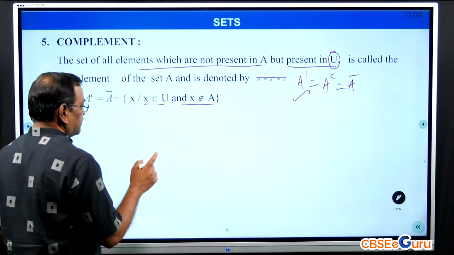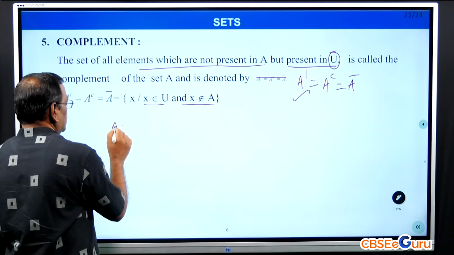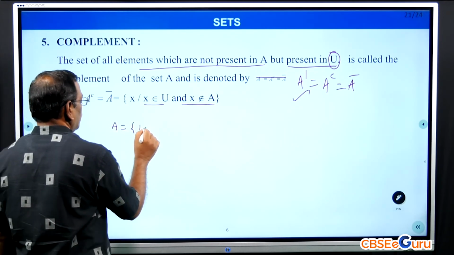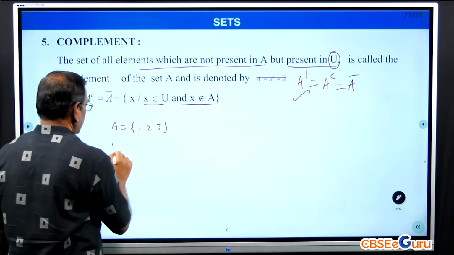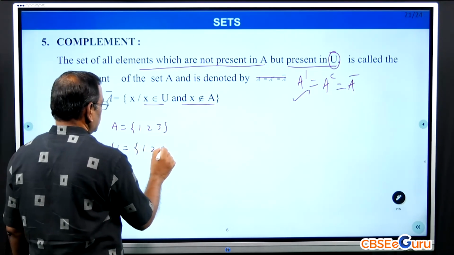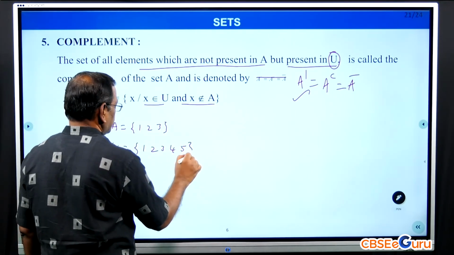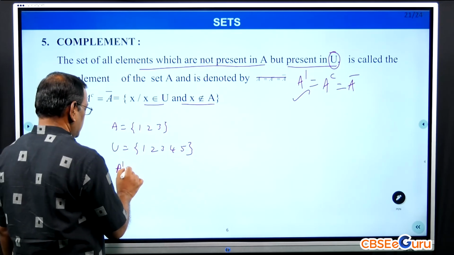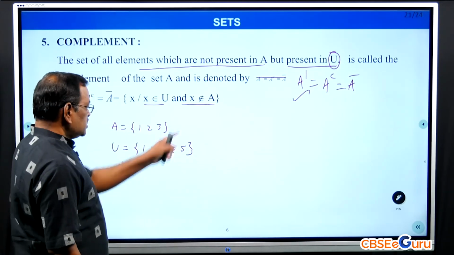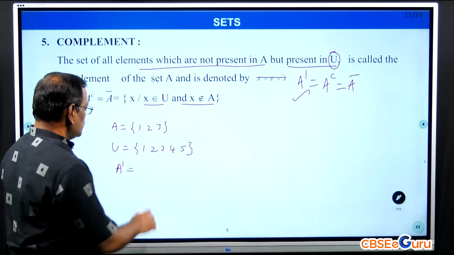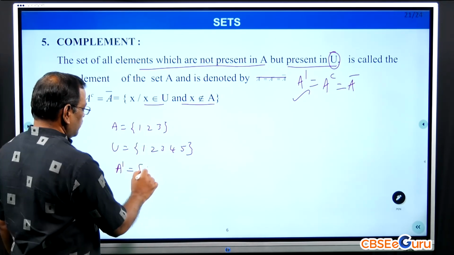So, for example, A equal to {1, 2, 3} and U equal to {1, 2, 3, 4, 5}. What is A complement? Does not belong to A but belongs to U. So 1, 2, 3 belong to A, only {4, 5}.